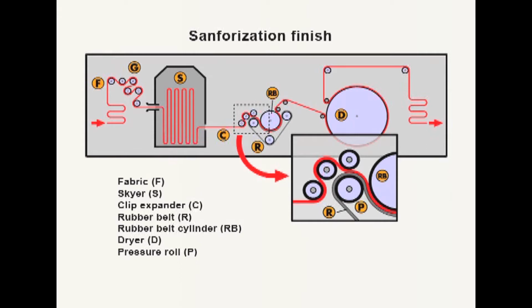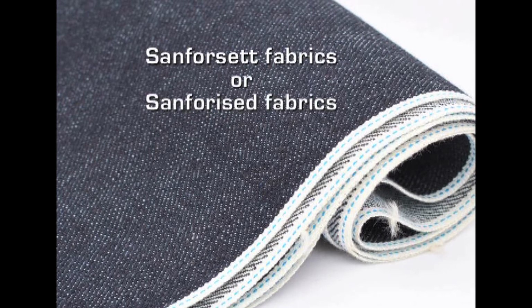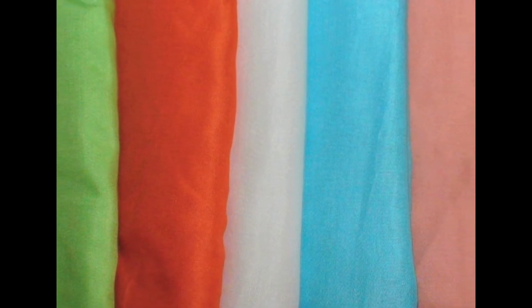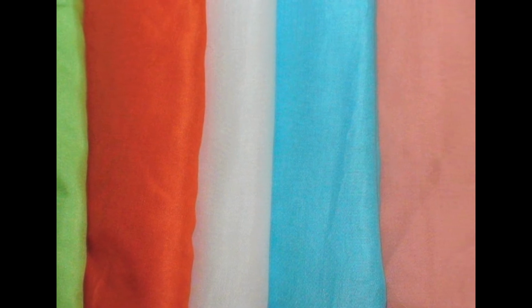In case of cottons, a finish called sanforizing is given, and so the fabrics that come out of this sanforizing finish are called sanforized fabrics. Sanfosetting or sanfoset is a term used for rayon fabrics, that is, they are pre-shrunk fabrics.